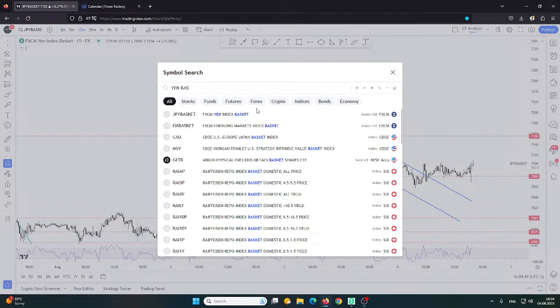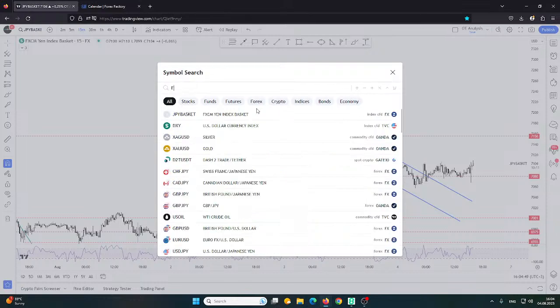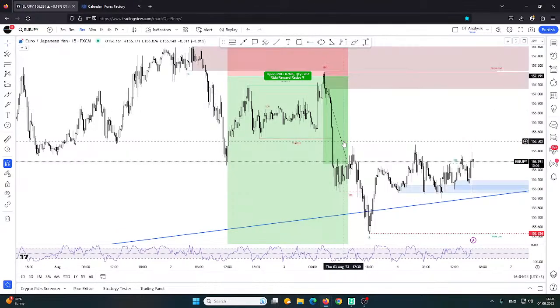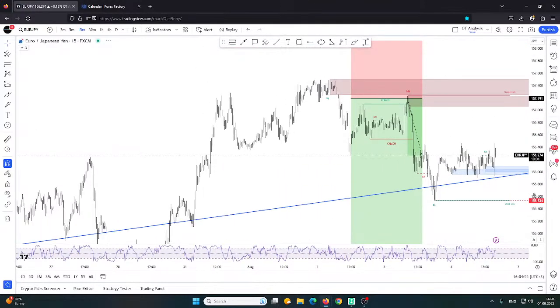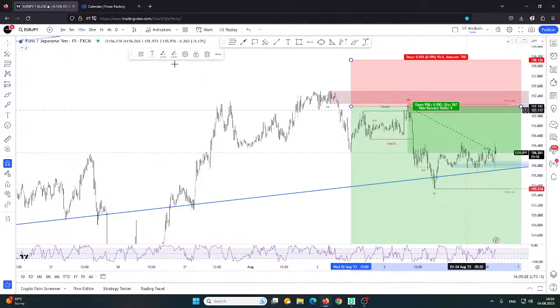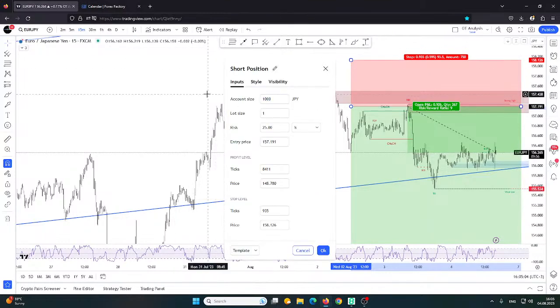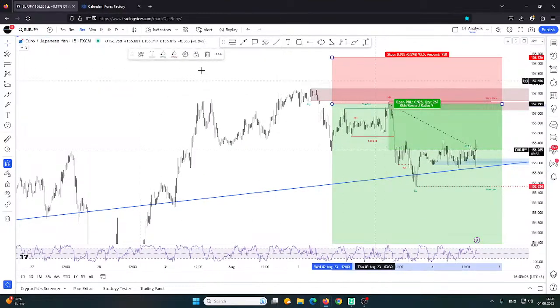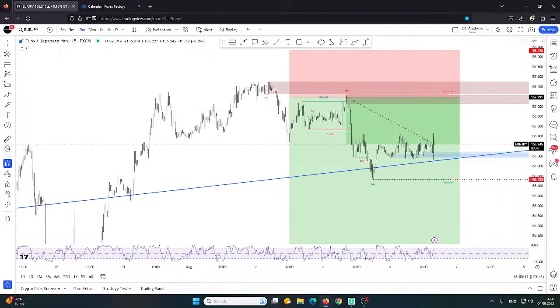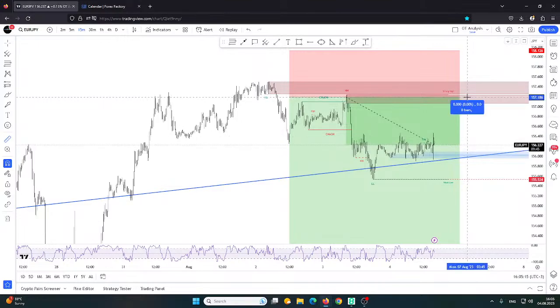Let's take a look. I will start with Euro Japanese yen, because I still have this trade for the VIP group. A temporary rebound, but my position is still in good profit here.